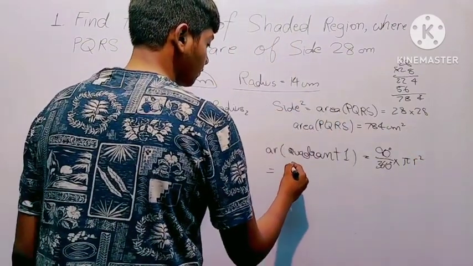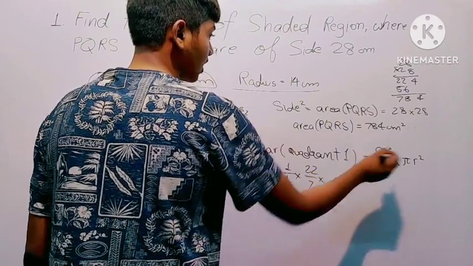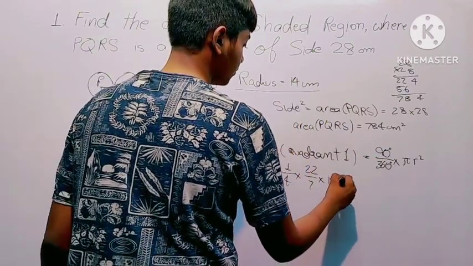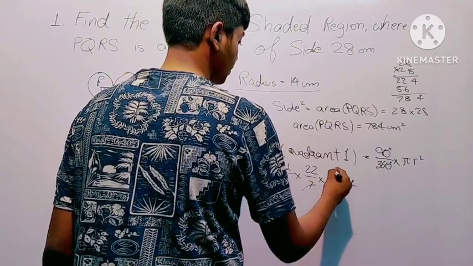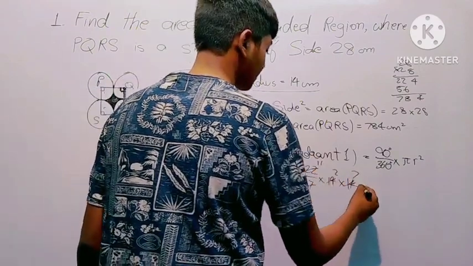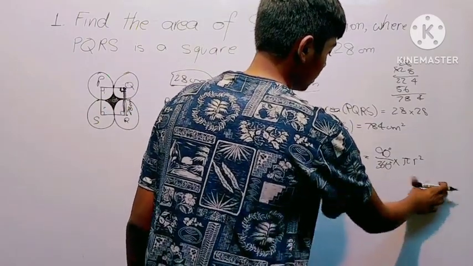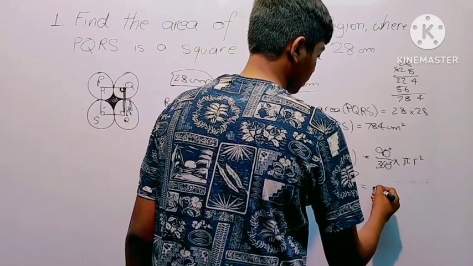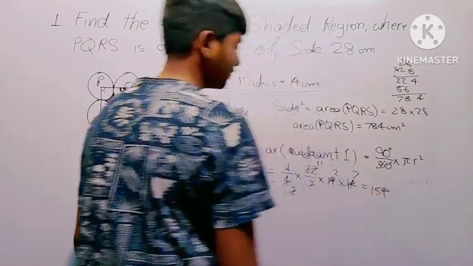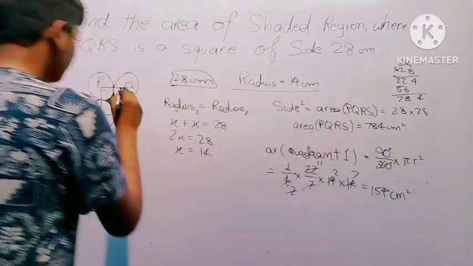So this would become 1 by 4 multiplied by 22 by 7. What is r? r is 14. So it would be 14 into 14. We get 77 into 2, which is 154. So we have 154 centimeters square for one of the quadrants.